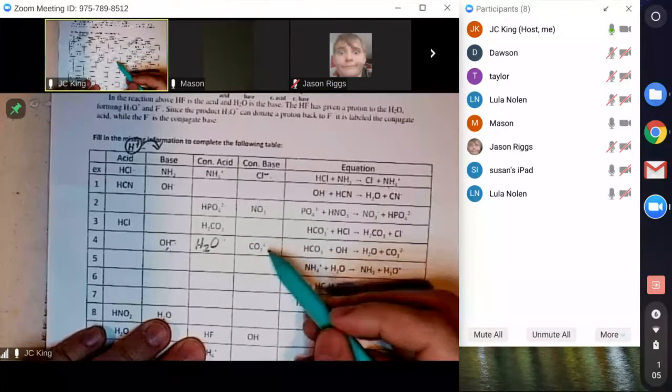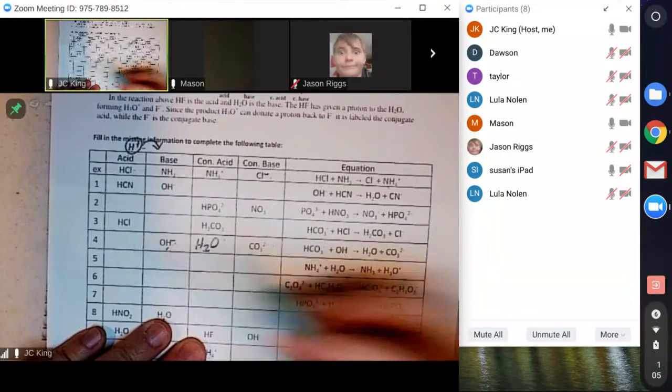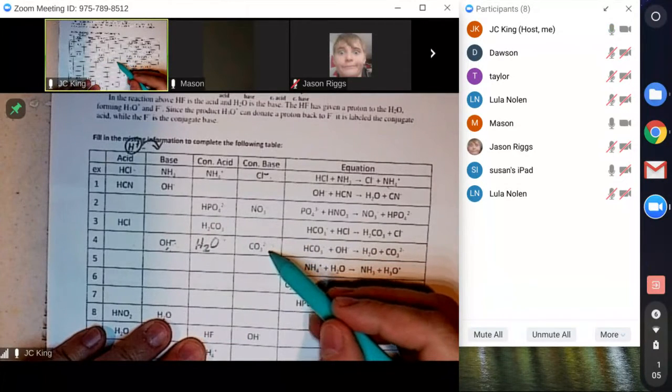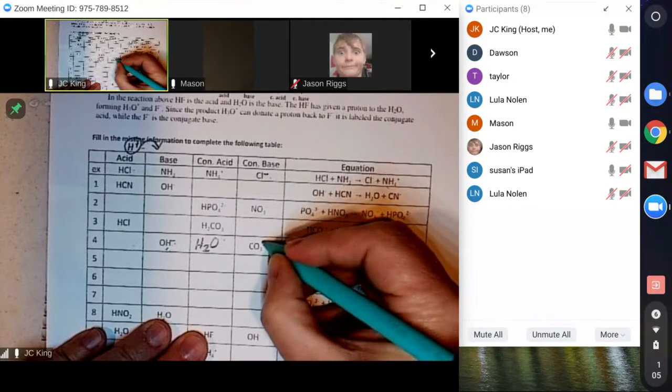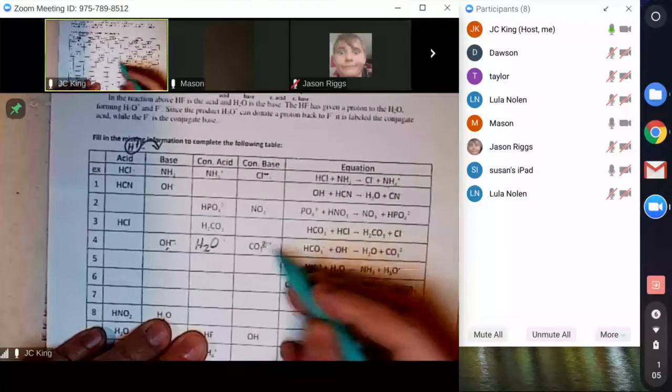Going backwards, they don't give us the acid we start with, but they do give us the conjugate base. And so we can do the same kind of thing. This is CO3, and it's got a charge of -2.